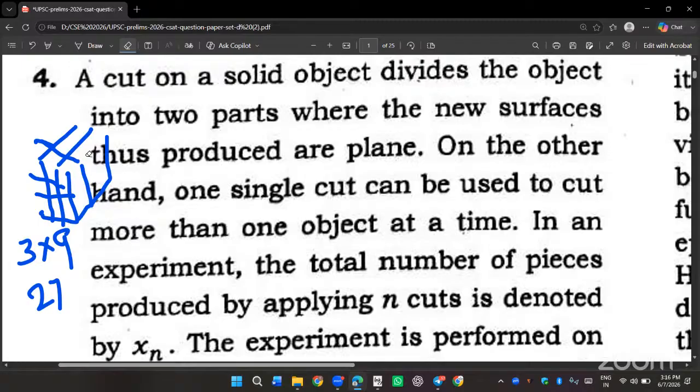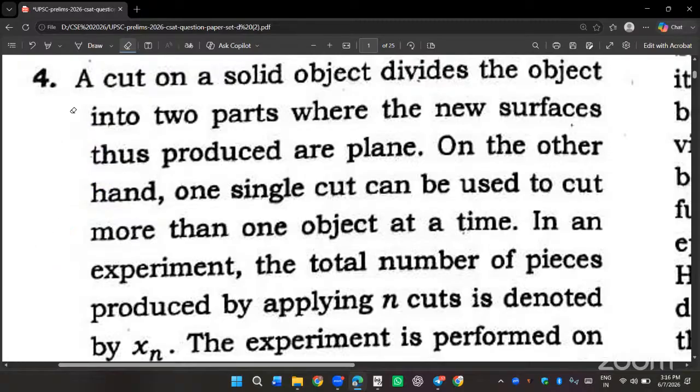Again they are asking the same question, but in a little bit different way. So here, cut on a solid object. Divide the object into two parts first, not equal parts. So I take any solid object. I cut this. Okay, so I get two parts, part 1, part 2.